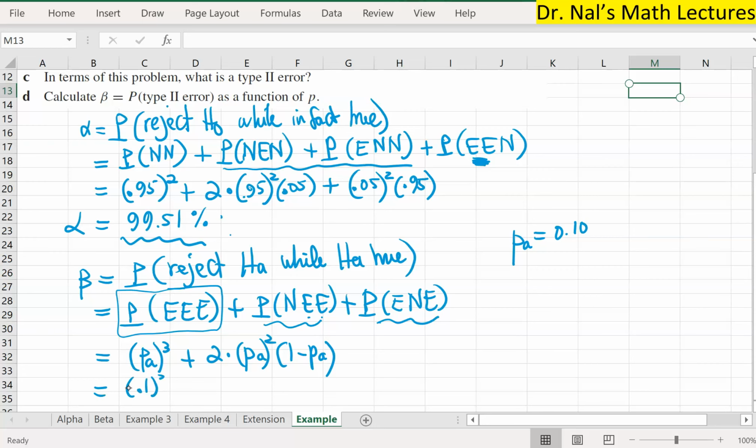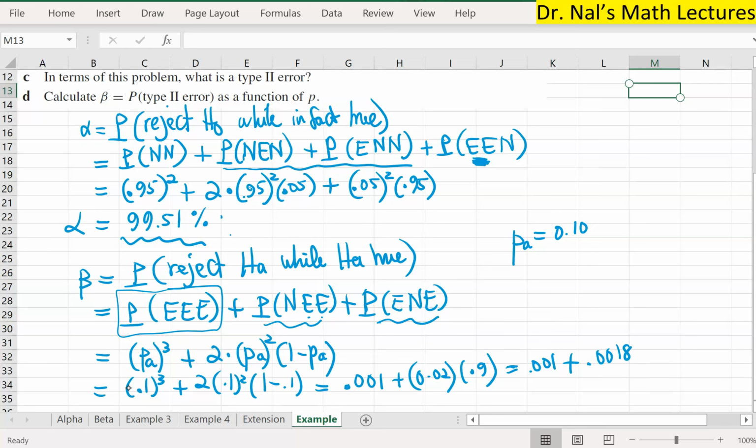So 0.1 cubed plus 2 times 0.1 squared times 1 minus 0.1, which is, let me see if I can calculate it, 0.001 plus 2 times 0.01, 2 times that is 0.02, and I need to further multiply this with 0.9, which is going to be 0.0018, I think, if I'm not mistaken. So they will add up to 0.0019. So that will be our beta calculation.